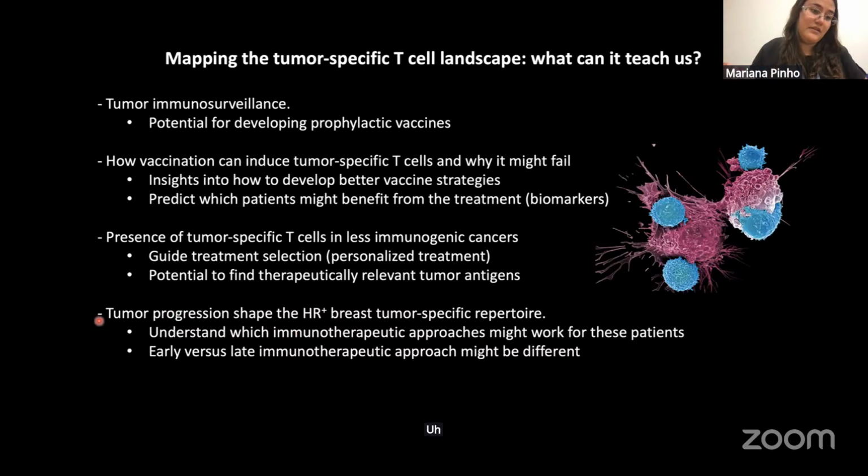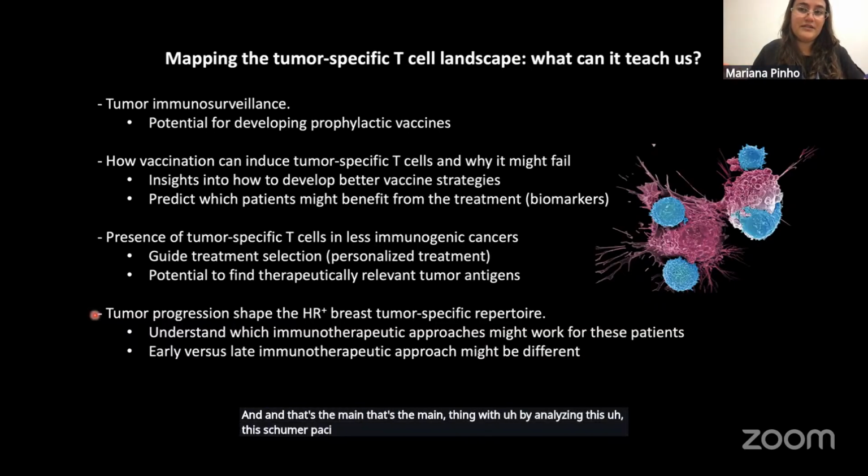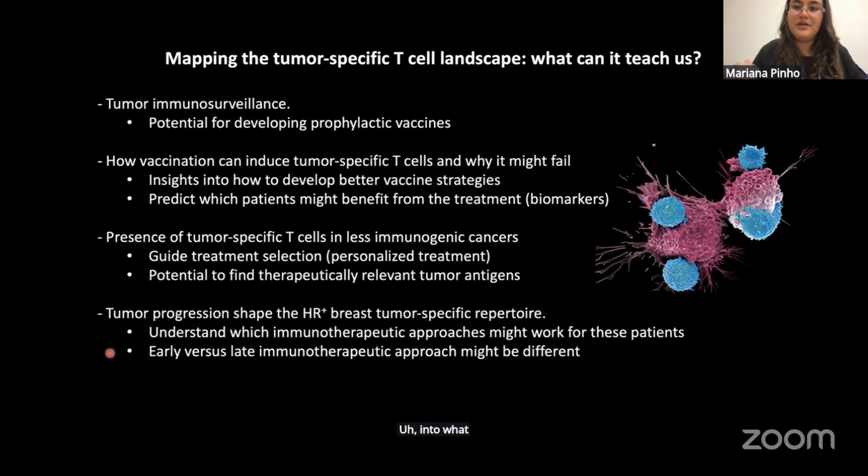That's the main thing: by analyzing this tumor-specific T cell landscape, we can learn a lot about what kind of immunotherapy we could use for which patient, and what would be the best immunotherapy to use, because each tumor and each patient is going to be different.